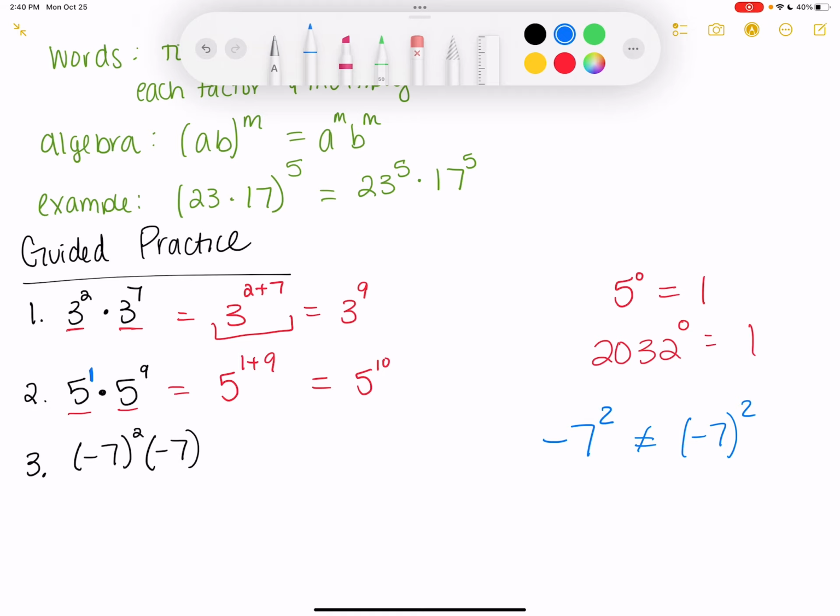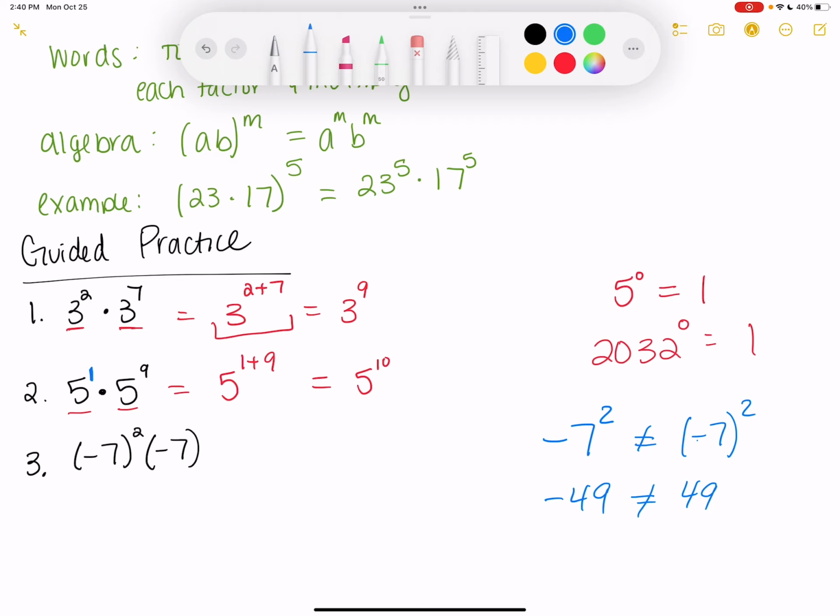If it's written like this, then my answer would be -49. If it's written like this, the square goes to the negative and to the 7. A negative times a negative is positive, and 7 squared, 7 times 7, is 49. Those are not equal to each other. Part of the reason that they write it this way is so you know that the power on it goes with the negative.